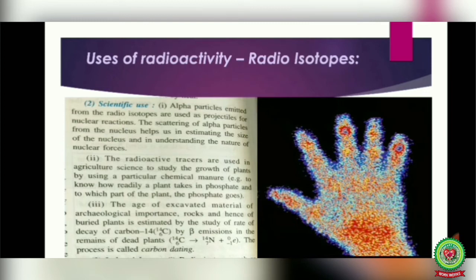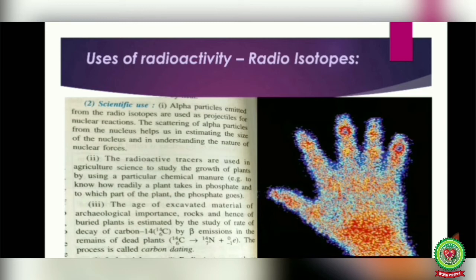Phosphorus-32 is used as a chemical fertilizer. It is given to the plant, and the uptake of phosphorus is mapped from the emission of beta radiations from that very plant. It also improves the quality and productivity of agricultural products along with insect, pest and disease management.